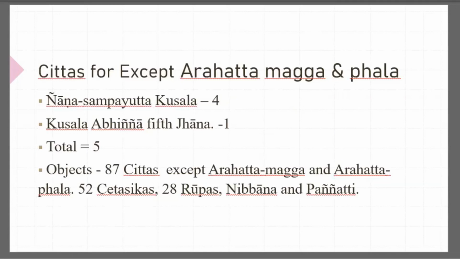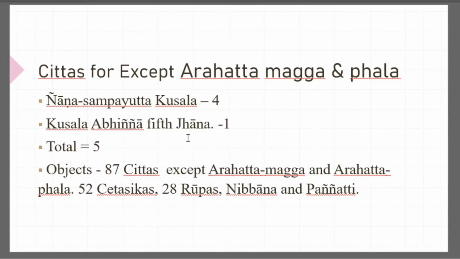Cittas that take all objects except Arahatta Magga and Phala. There are 5 Cittas that can take all the objects, except Arahatta Magga and Phala. Because Arahatta Magga and Phala can be focused on or taken only by Arahants because they have attained it.